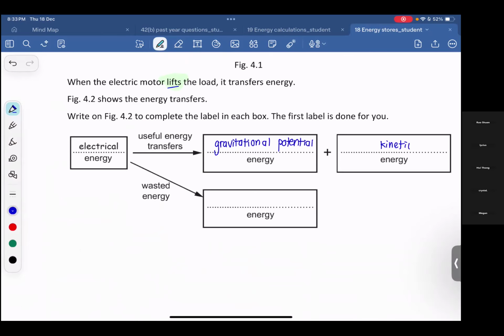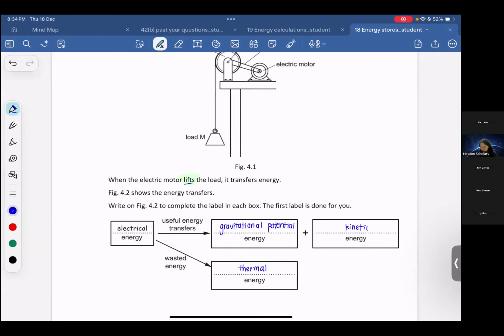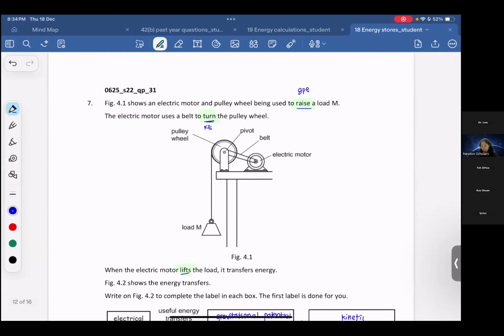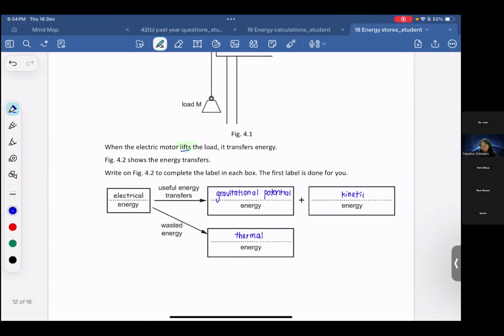It should be thermal, correct. If there is only one box, thermal is our answer. This is the most wasted energy. Sound may be just a little bit, but with only one box we don't write sound. If there are two boxes, then we write thermal energy plus sound. No problem. So read the question to identify the energy transfer.